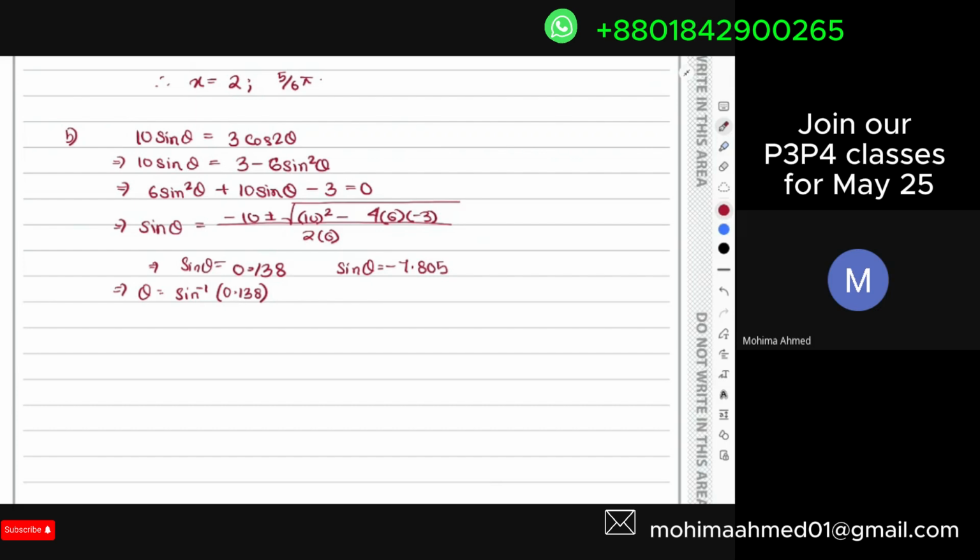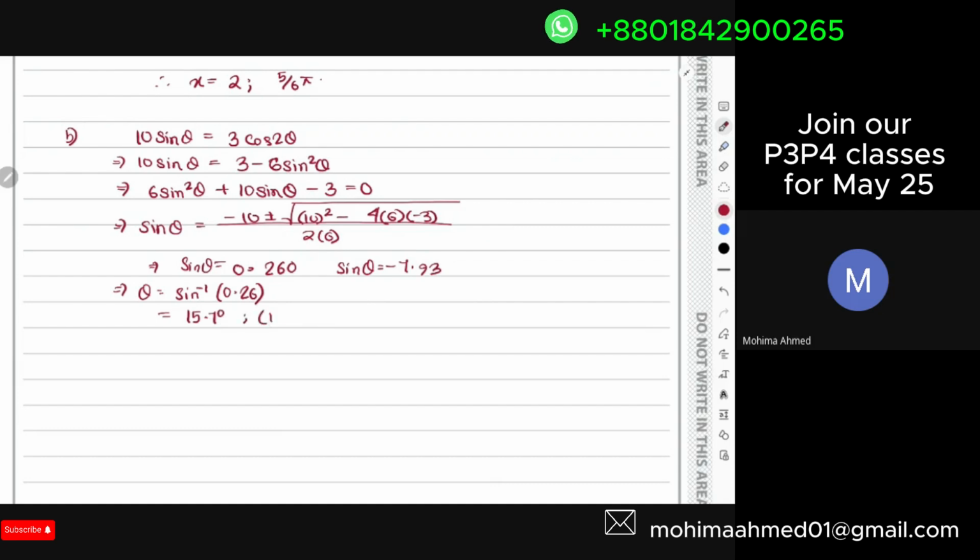So if you calculate this, you're going to get 0.26, and if I carry on with the negative value, then you're going to get negative 1.93. So sine inverse 0.26, and then we get your first value as 15.1 degrees.